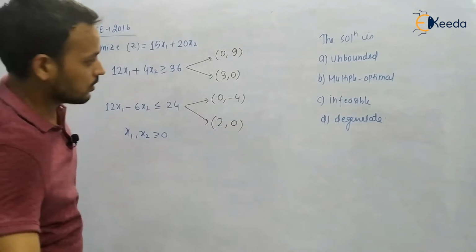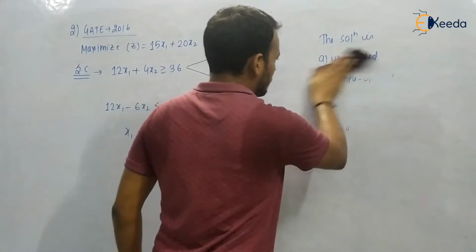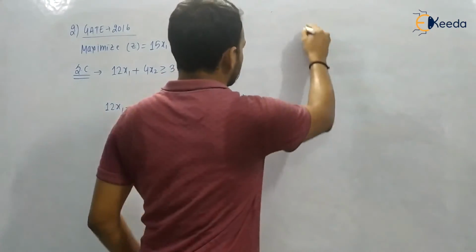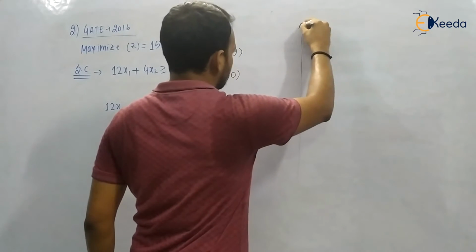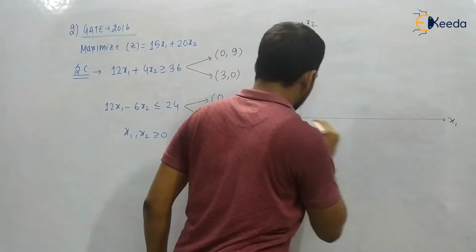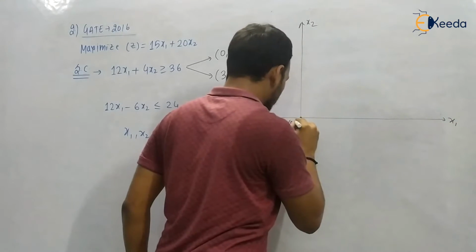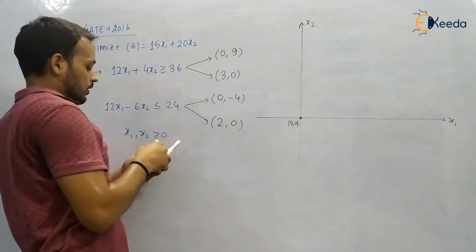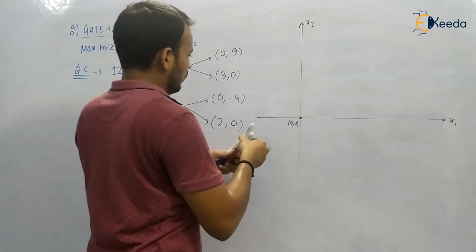So you have to just plot it on the graph. This is x2 and this is x1, this is our origin 0 comma 0. So the first coordinates are 3 comma 0 and 0 comma 9.